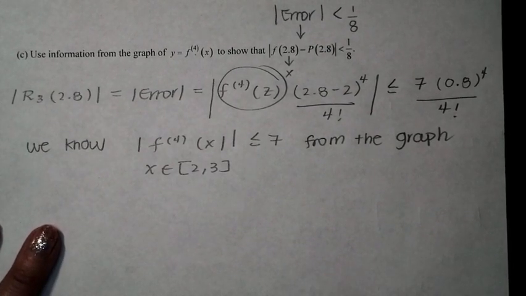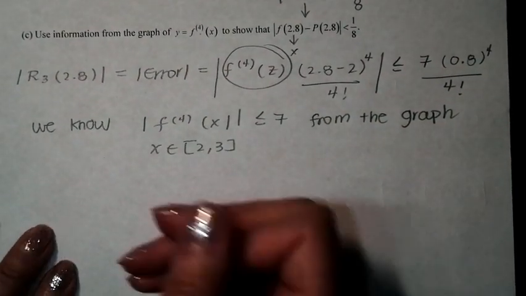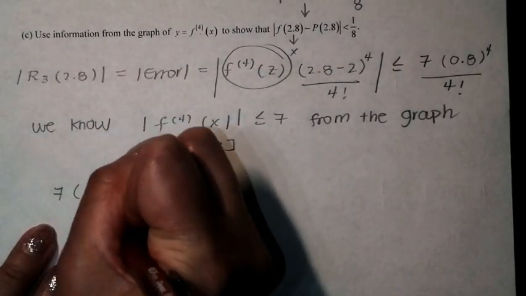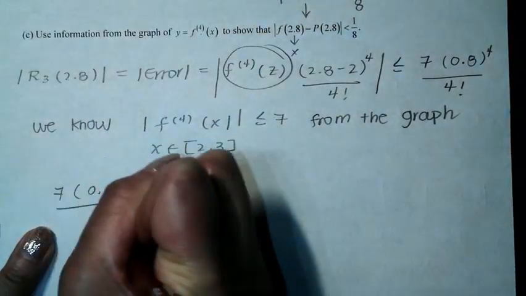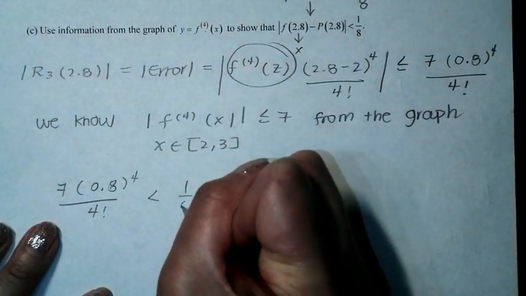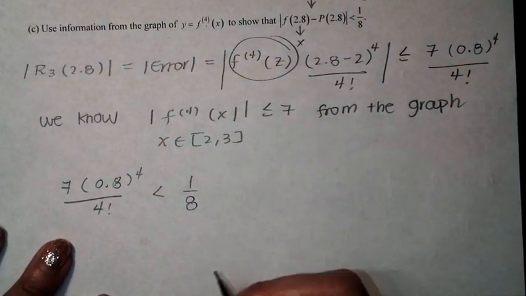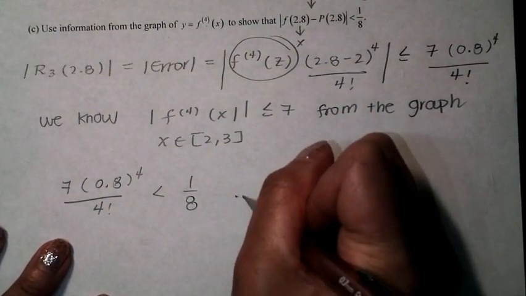Because I know that it's positive. So what do you know here? 7 times 0.8 to the power of 4 divided by 4 factorial is going to be less than 1/8, as we wanted, so we're very happy.